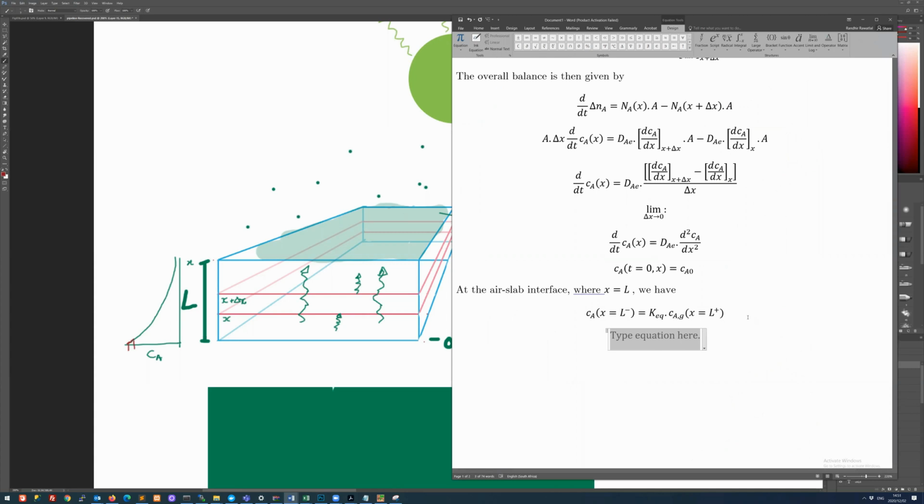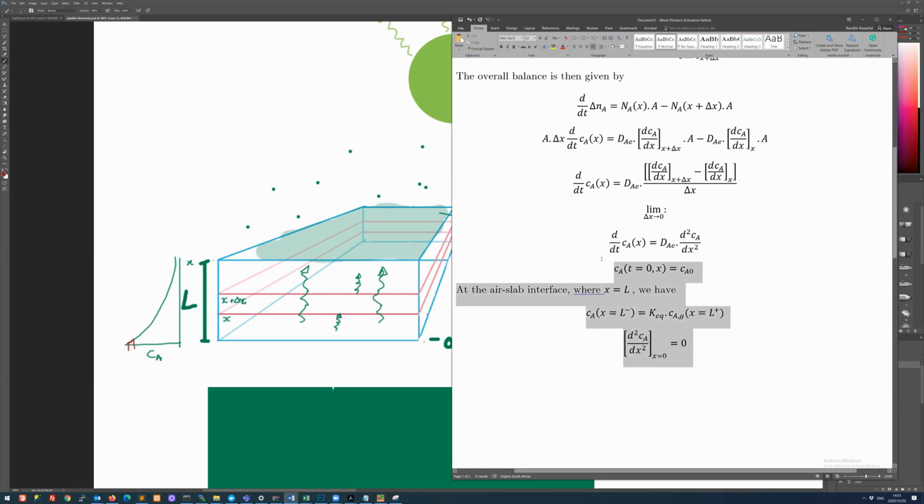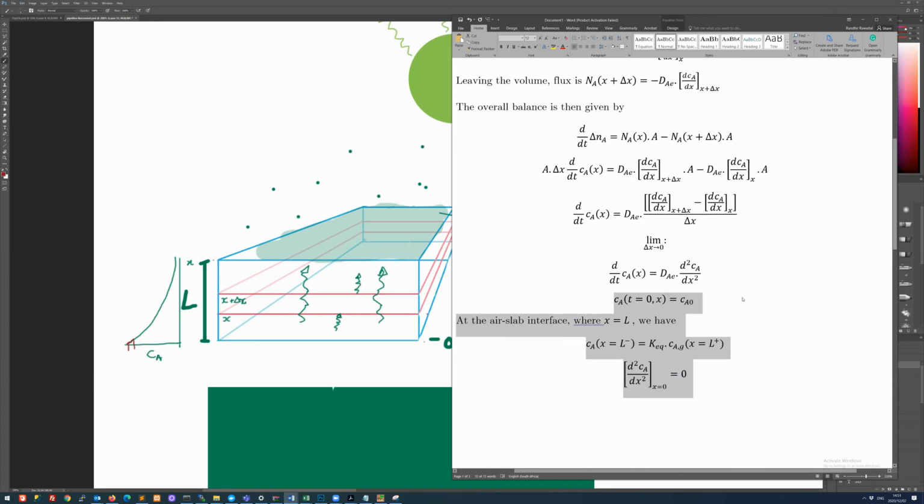We can say d2cA/dx squared, specifically at x equals 0, equals 0. Okay, so those are three boundary conditions, and that will be enough to solve the problem.